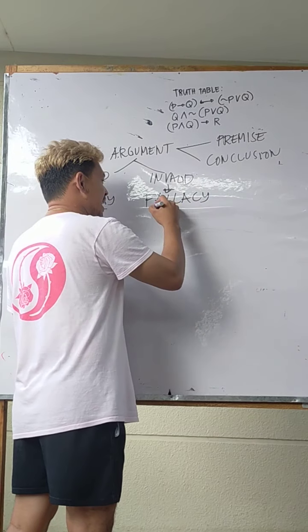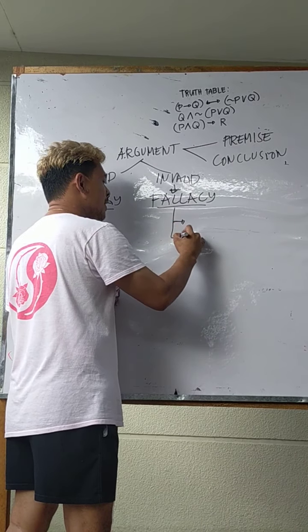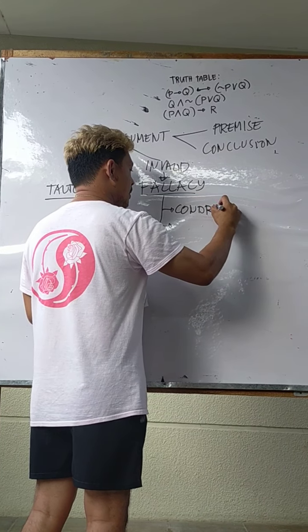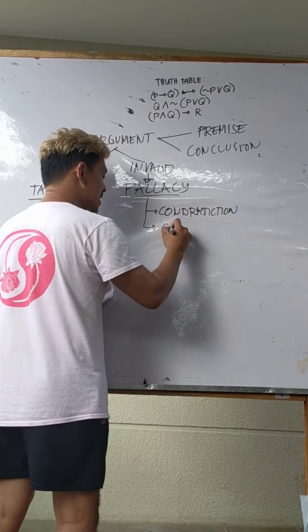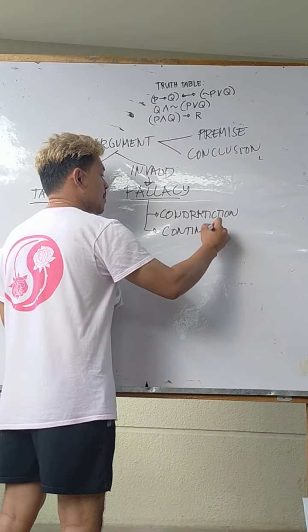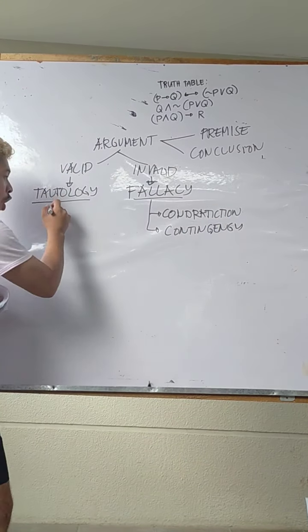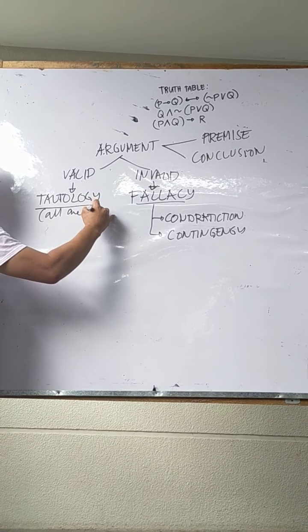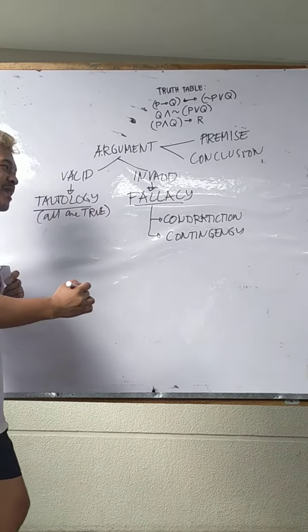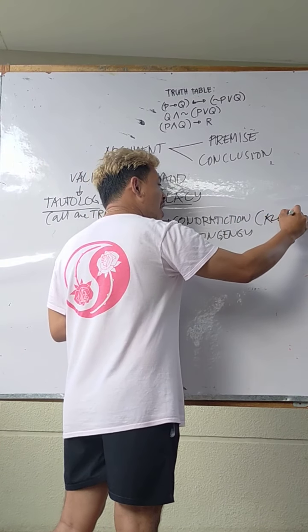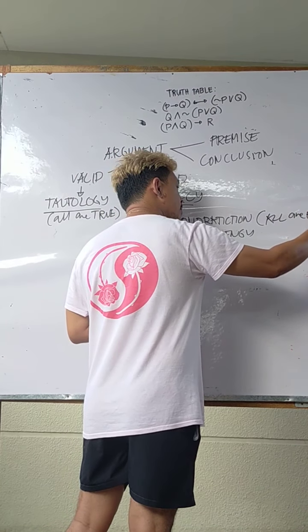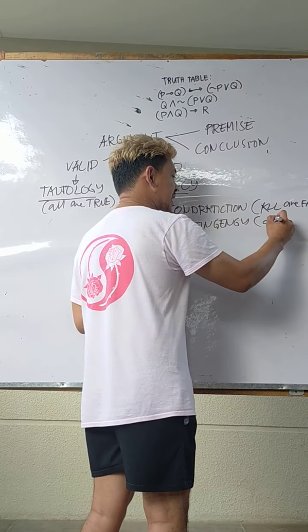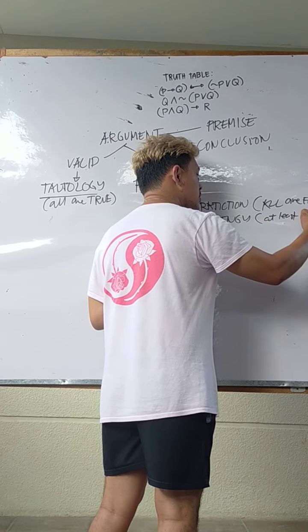And fallacy is divided into two: contradiction and contingency. When we say tautology, it means all are true. When we say contradiction, all are false. And when we say contingency, at least one is false.